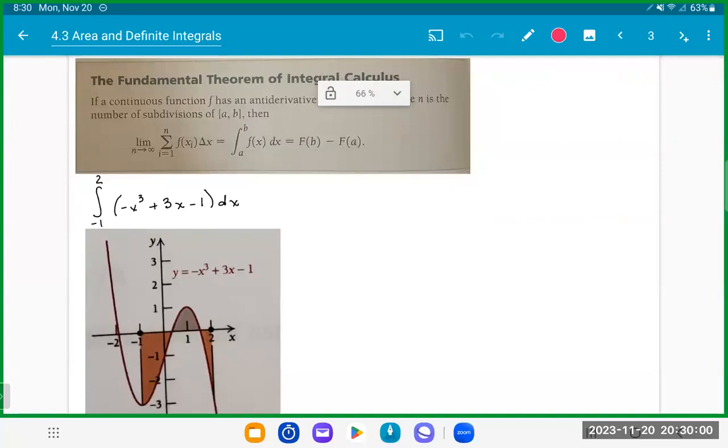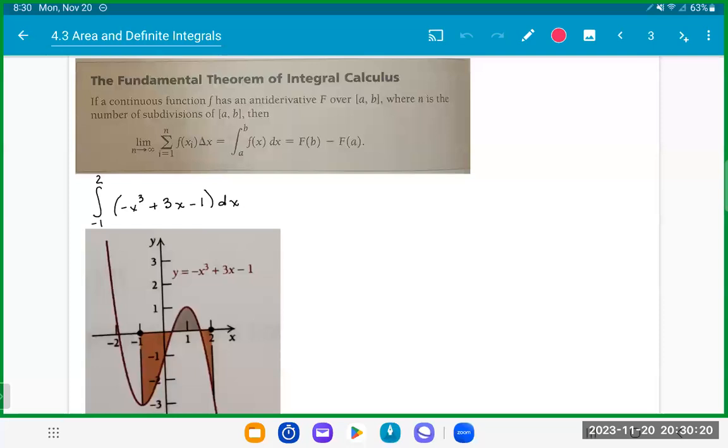Okay, so how do we go about solving a specific example of that? Consider this integral from -1 to 2 of negative x cubed plus 3x minus 1 dx.